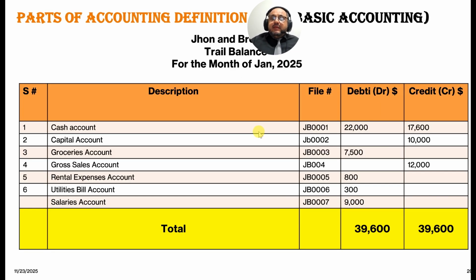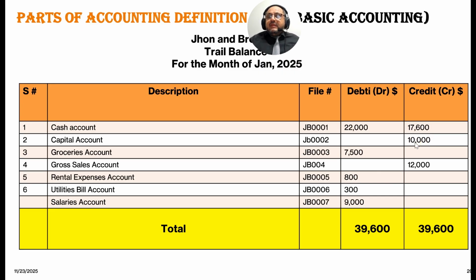In the same way, the total of the credited capital account, 10,000, I entered, transferred from the credit column.